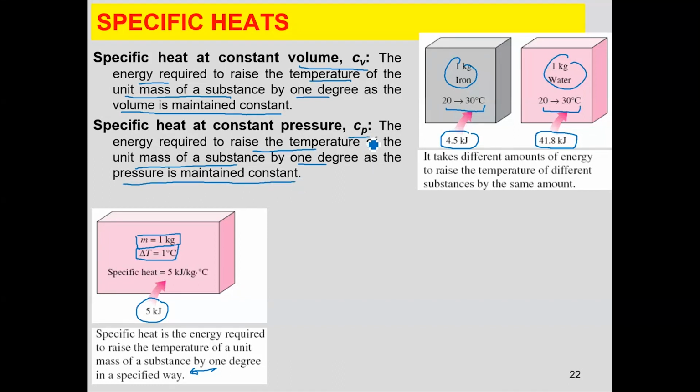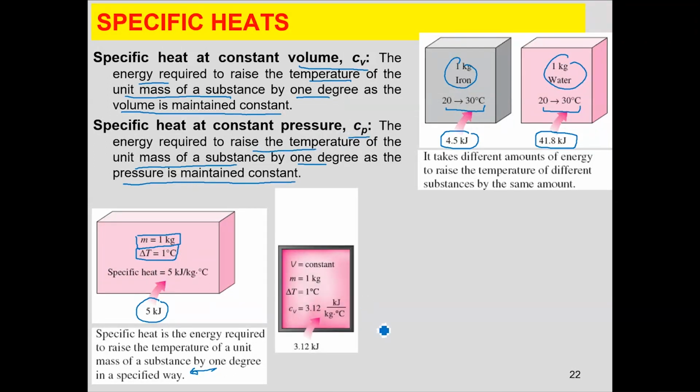This is known as CP, or specific heat at constant pressure. Now, if I look at the two processes, when the volume is constant and you have a mass of 1 kg, you change the temperature by 1 degree, you have to provide 3.12 kilojoules of energy. This is for any substance.